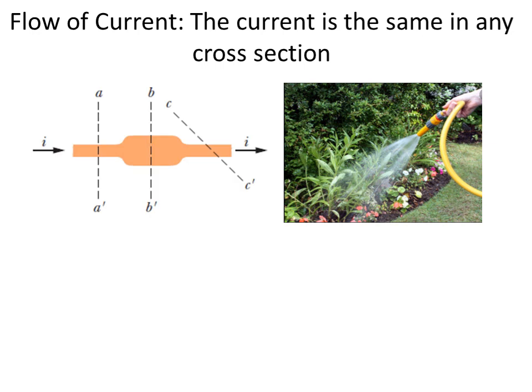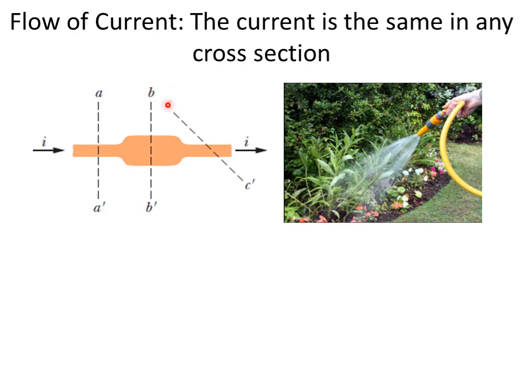Similarly, for example, this is a conductor and the current flows from left to right. You see that at different points, the cross section is different. For example, look at the cross section here, A and A dash, along these orientations, and here you see B and B dash. This is wider than A and A dash.